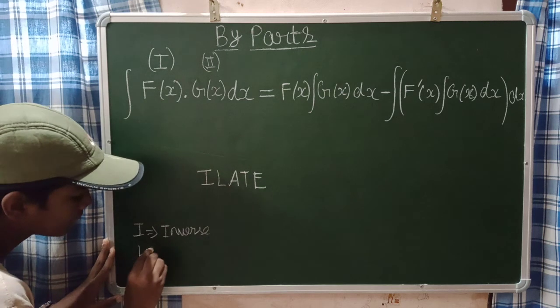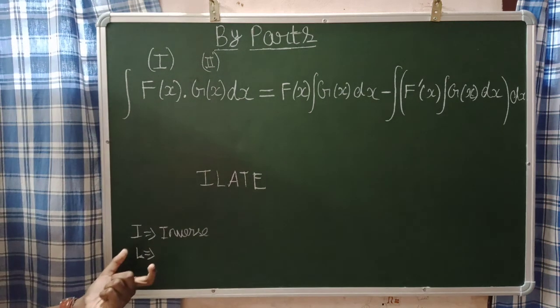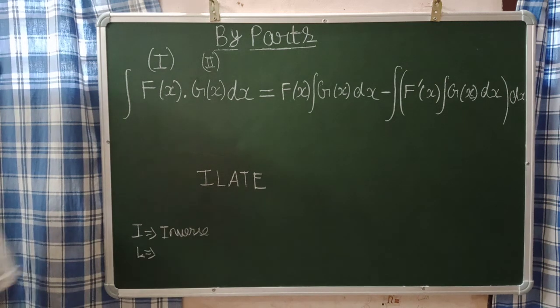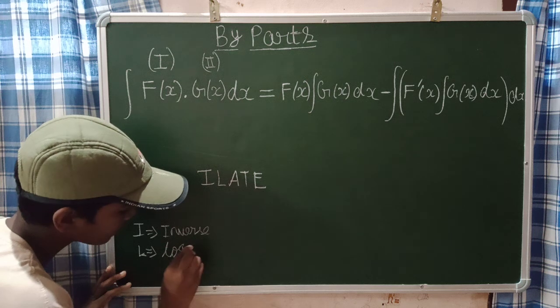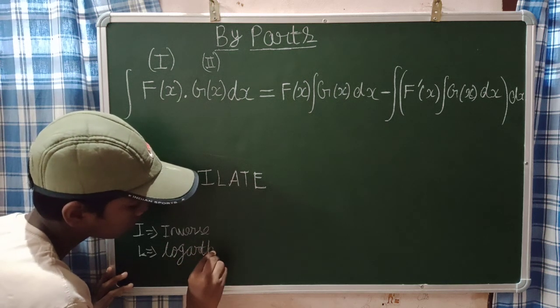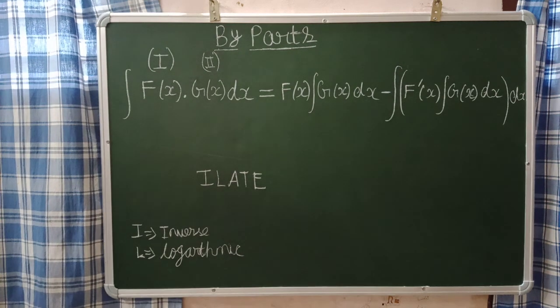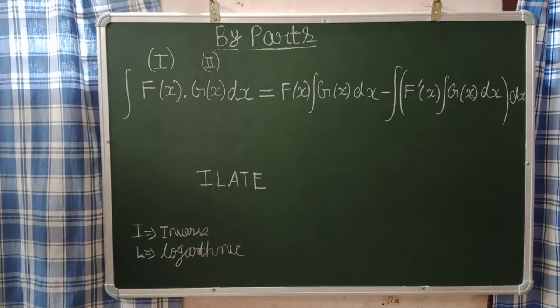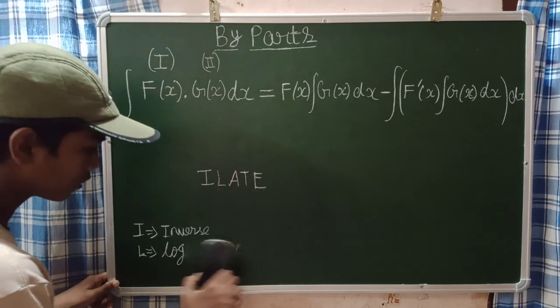I will be nothing but your inverse trigonometric functions. L will be nothing but your logarithmic functions. So L will be your log; I will write it as log itself, okay?